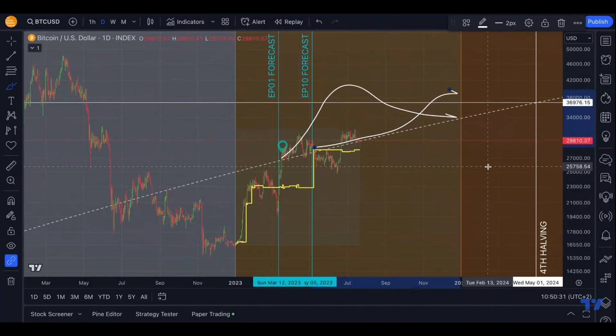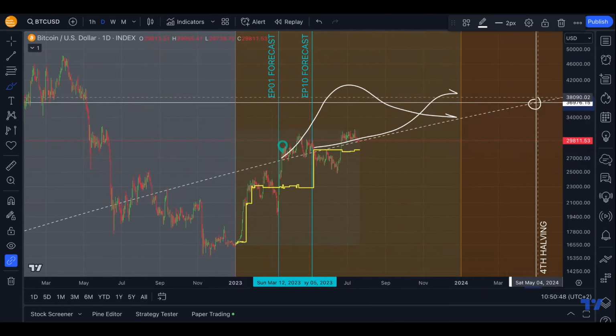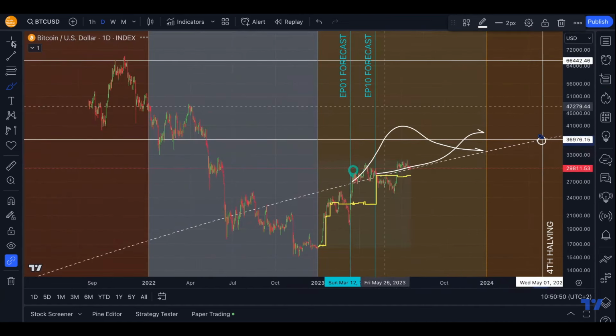And so, because history has shown, if history does repeat itself, it doesn't have to, but if it does, we have always come above the future halving price before the halving. So I can show you that real quick here.